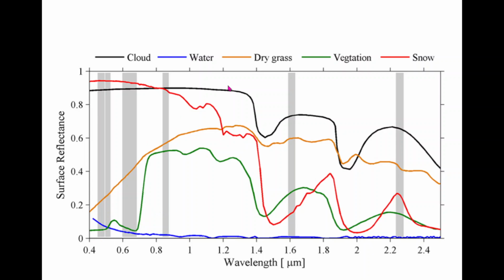Okay. So now here let's look at vegetation. You see here, this is with your violet, indigo, blue, green. So the moment we come over green, you will see a slight peak in reflectance. This is the wavelength on the x-axis, on the y-axis we have surface reflectance.